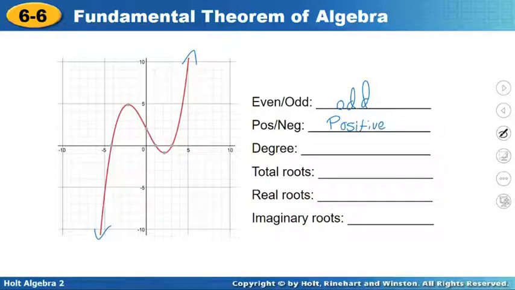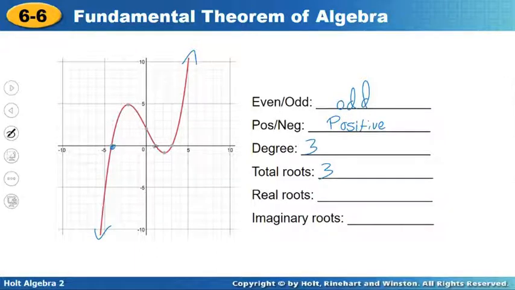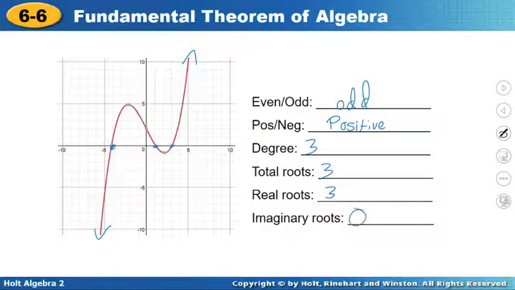Degree, well, it kind of looks like a cubic again based on the minimal number of curves it's got. It means it has 3 roots in total. So let's count how many real roots it has. It's got 1 real root here, 1 here, and 1 here. That's 3 real roots, which means there's no room for imaginary roots. Remember, the total roots should be the sum of the real and imaginary. Of course, 3 roots is equal to 3 plus 0.